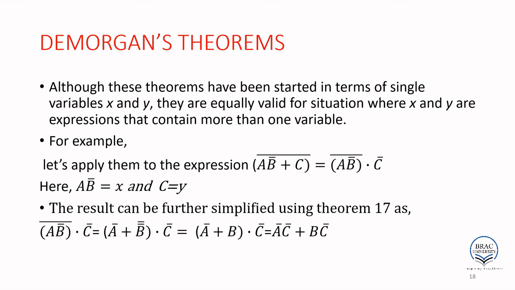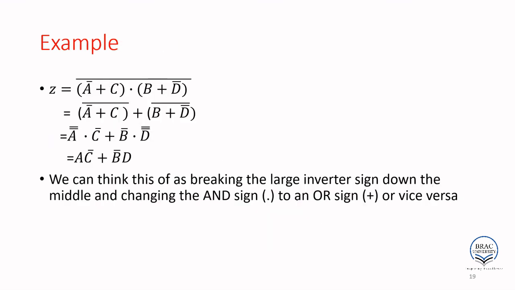So (A B prime) whole prime into C prime becomes A prime plus B double prime into C prime, or the simplified version A prime plus B into C prime, which can be simplified as A prime C prime plus B C prime. Given this example, we just need to use De Morgan's theorem.